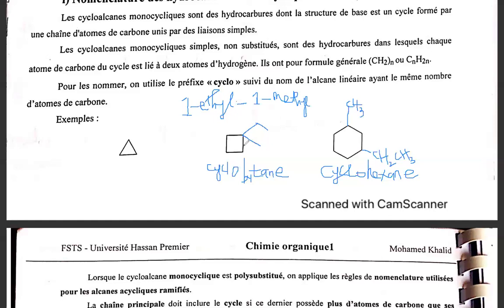Same applies to this compound. If there was another ethyl there, we would have said a diethyl. In the case where we have 2 ethyls, we just include the position. This is 1, this is 2.